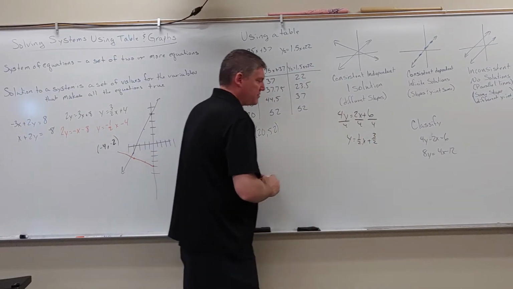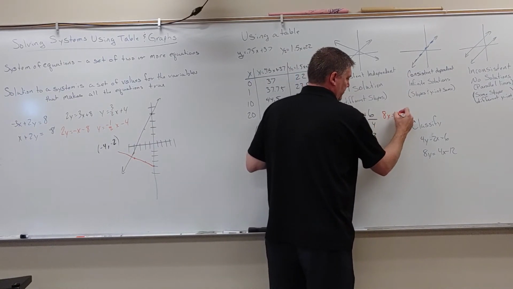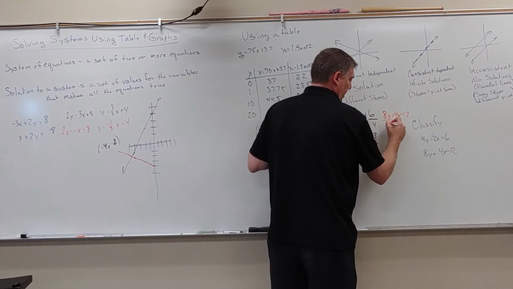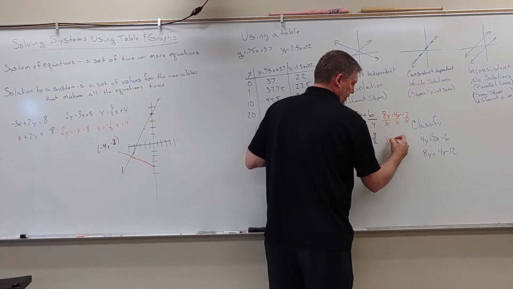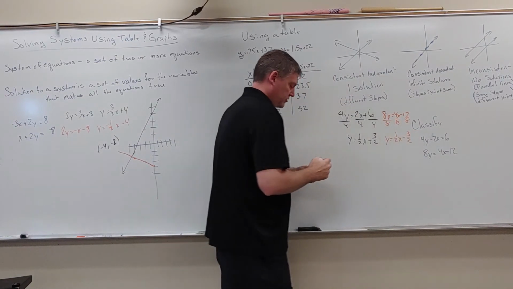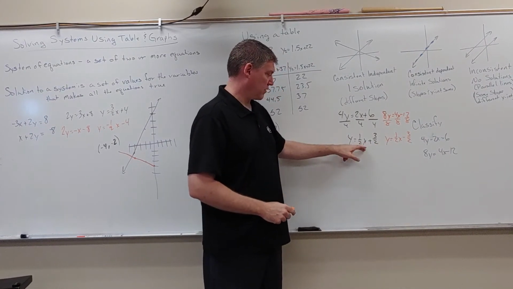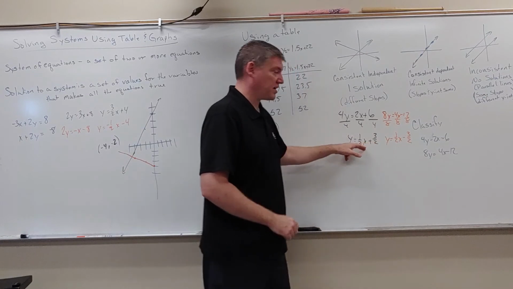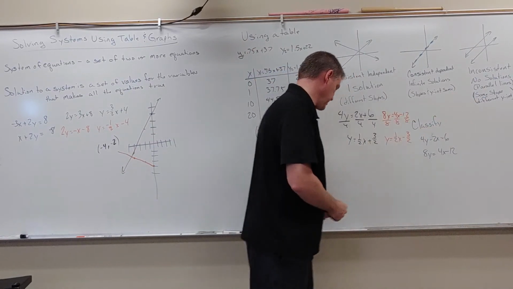I'm going to take my other equation here, and I have 8y equals 4x minus 12. I'm going to divide everything by 8, and I get y equals 1/2 x minus 3/2. So I look here. My slopes are the same, my y-intercepts are different. What has the same slope and a different y-intercept? That's inconsistent.